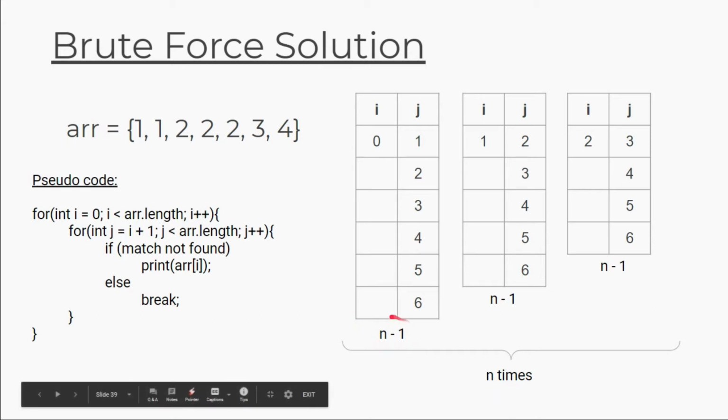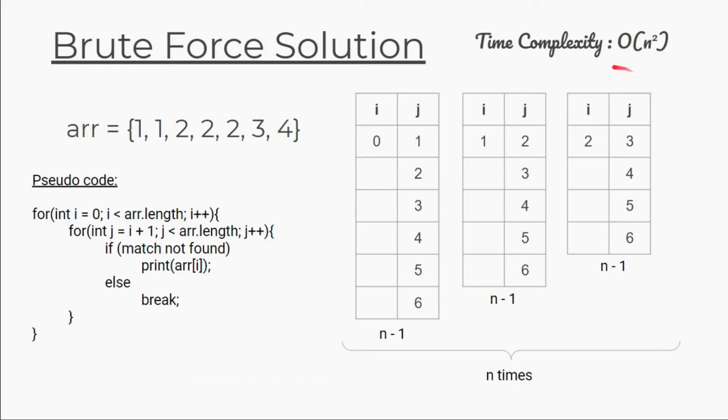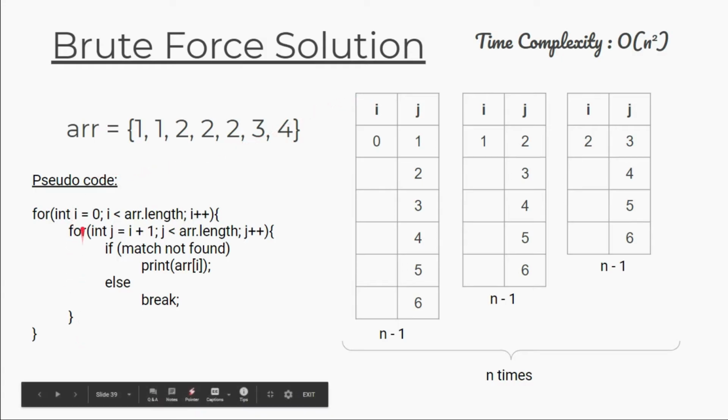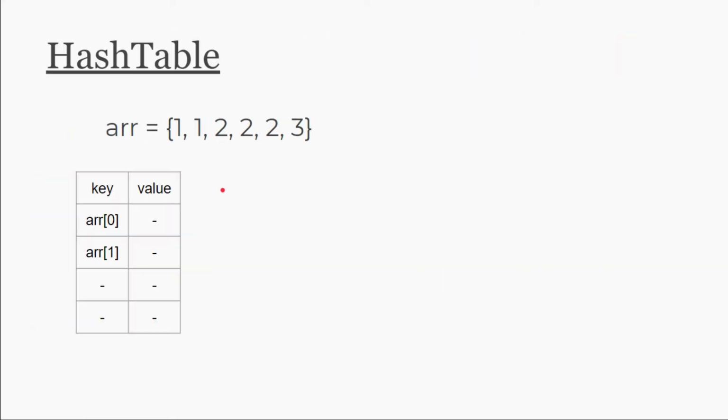Our inner loop will run n-1 times each time, and this will continue for n times. So our complexity will be n-1 into n, that is n square. So you see, this method is very time consuming because we are using two nested for loops. So can we do better?